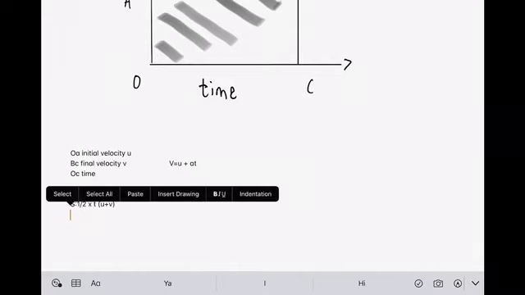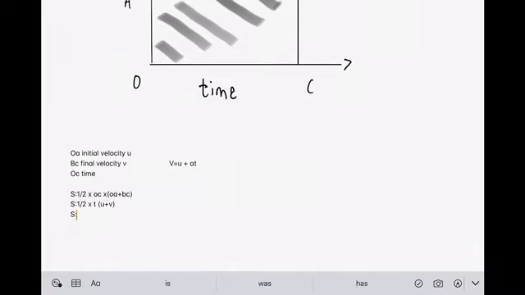Then after that, again we will use the same, half t into u plus, using this reference, u plus at.